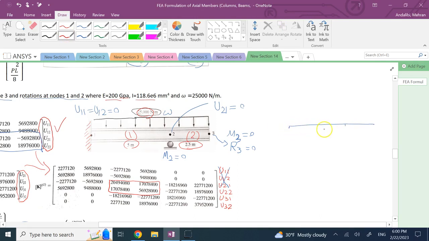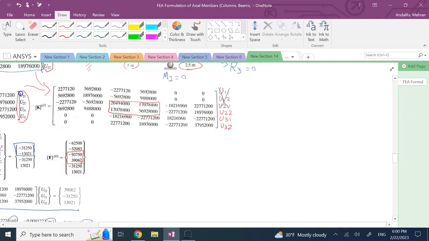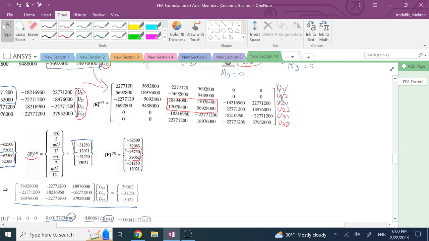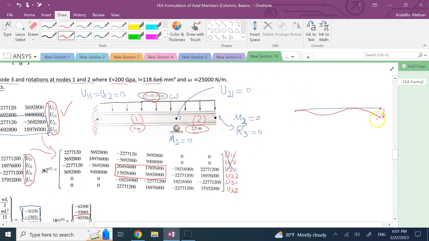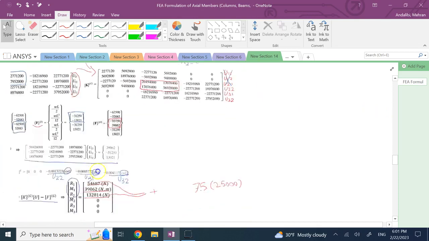Here you have nothing, it goes up to 0 and then it goes down. So it's gonna go like this probably. Something like that. And clearly at node 3, you definitely have a negative deflection, and then you will have a negative rotation as well, right? You can see here, and clearly this is a negative rotation, as you can see. Okay, so always do a sanity check.